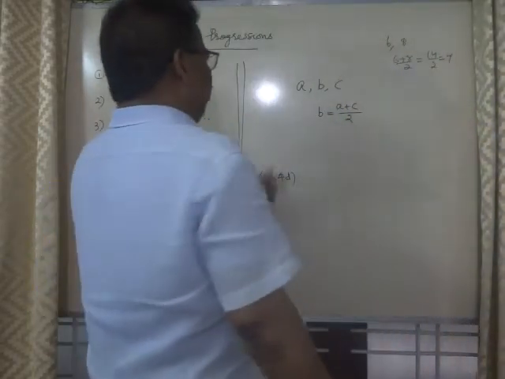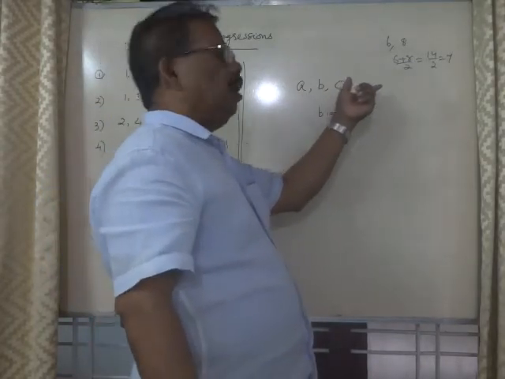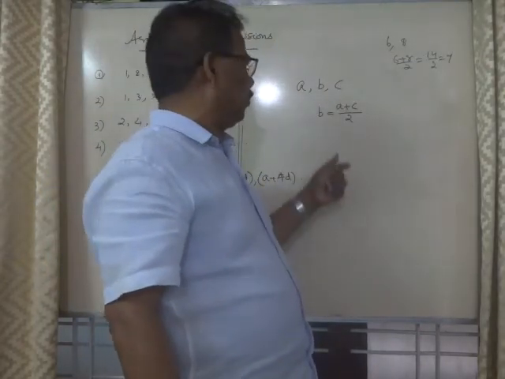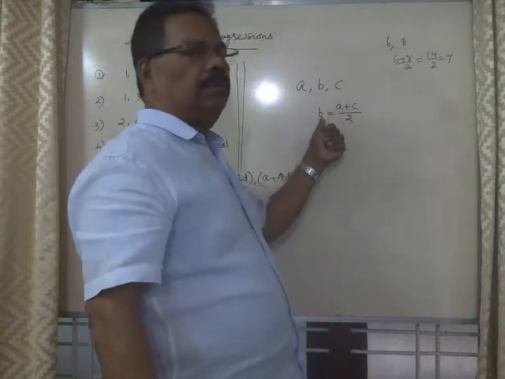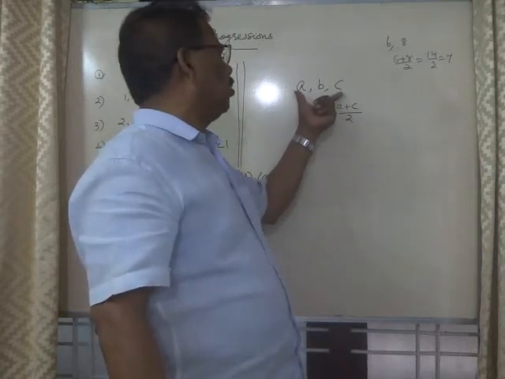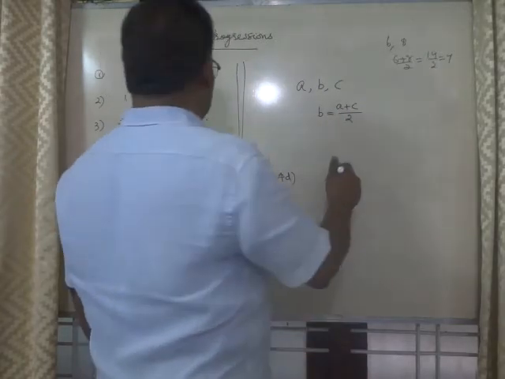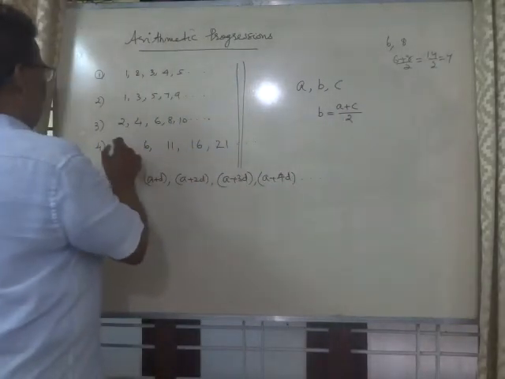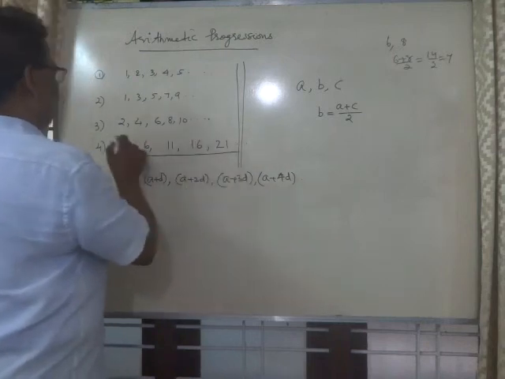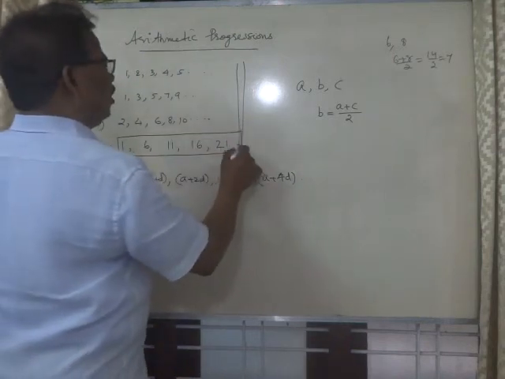Here, if A, B, C form an AP, then the middle term will be the arithmetic mean of the other two. We shall examine whether it is true in this case.